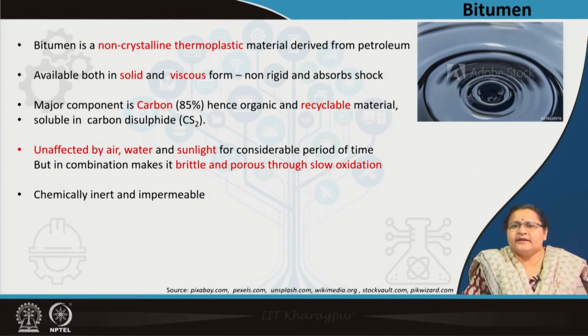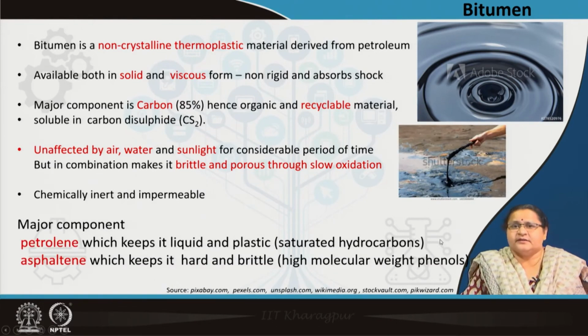Naturally occurring, it may be bitumen in the form of lakes. I think there is a picture, you can see this is a bitumen lake, and you have to use this bitumen for your purpose. So, you need to know what it is, how it is to be extracted or taken.